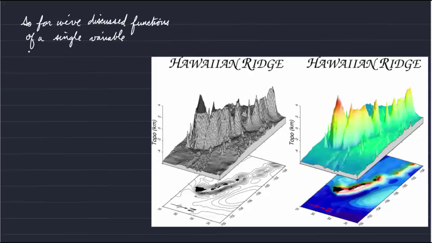For example, when we talk about f, a function of x, this means that f varies only with x. And we've referred to x as the independent variable.